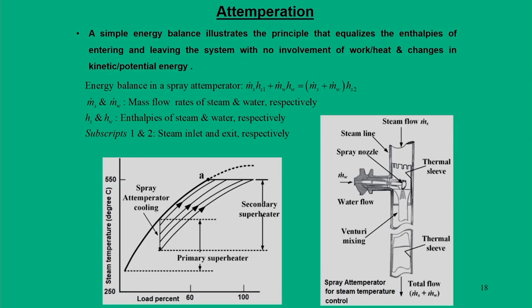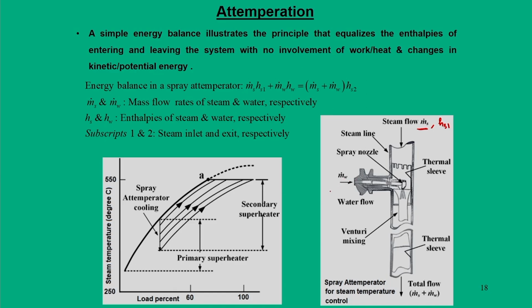Then simple energy balance equations can be applied, because referring to this figure, the steam flow rate is MS, and it enters at enthalpy, let us say HS1, and the mass of the water which enters from, let us say, the steam drum, is MW.